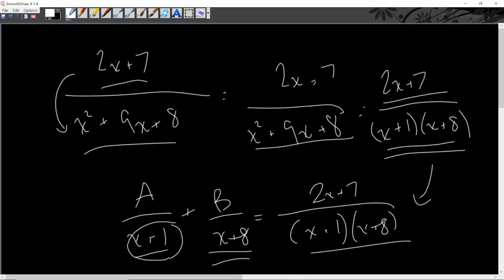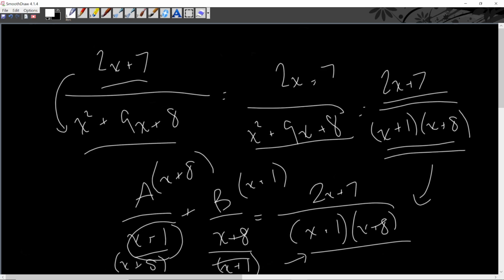Now from here, we have to have a common denominator. So this will be multiplied by x plus 8, and this will be multiplied by x plus 1. So we get x plus 8 times x plus 1 over there, right? Anything that we have to do to the numerator, we have to do to the denominator as well, and vice versa. So we have to multiply that by x plus 1 and that by x plus 8.